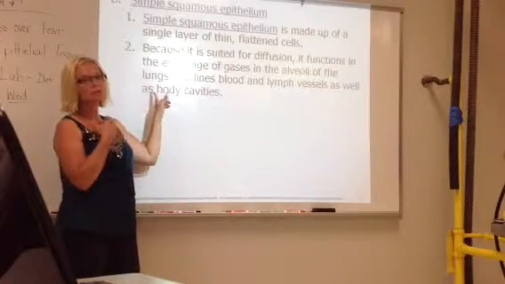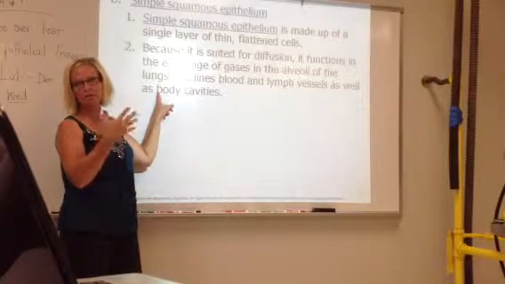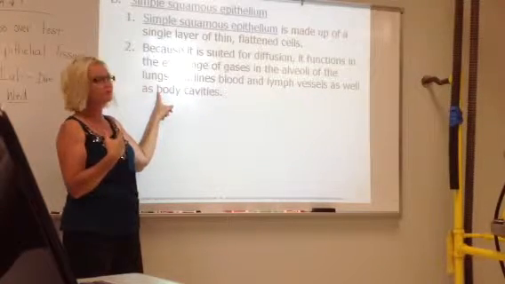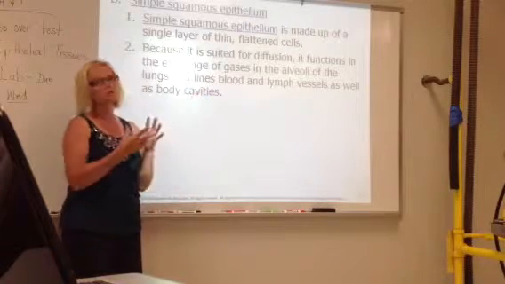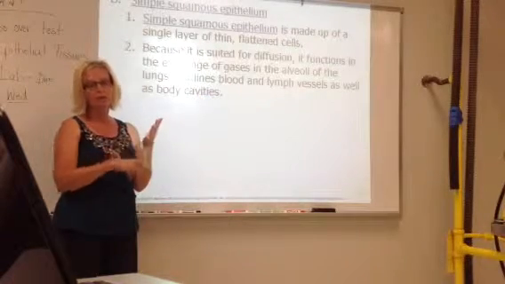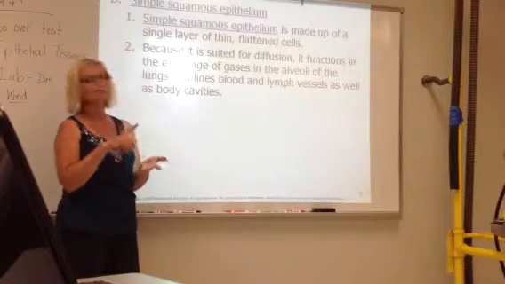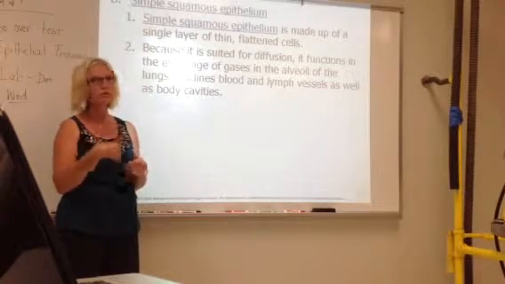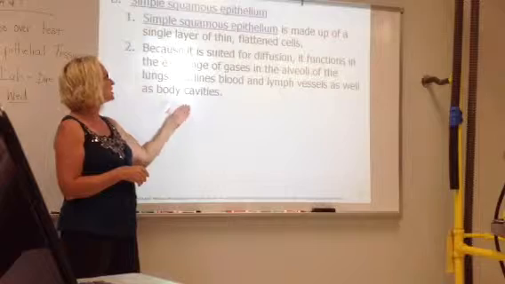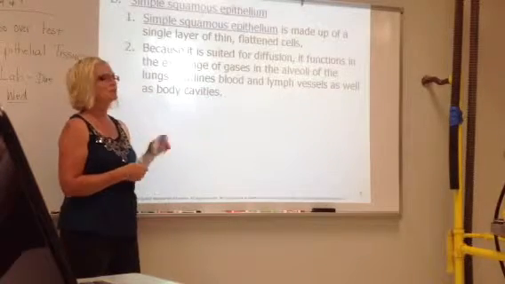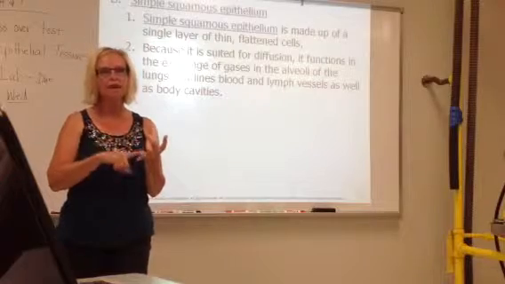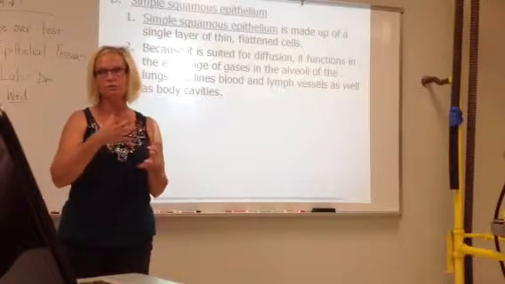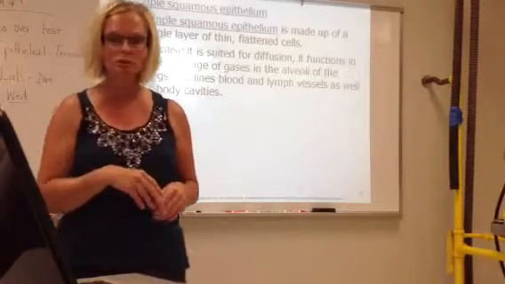It's very common in your lungs, so oxygen and carbon dioxide can diffuse. Blood and lymph vessels too, so that water, oxygen, carbon dioxide, and wastes can diffuse back and forth, as well as some of your body cavities. So simple squamous, single layer, flat, stuff goes through it very easily. Diffusion is very common.